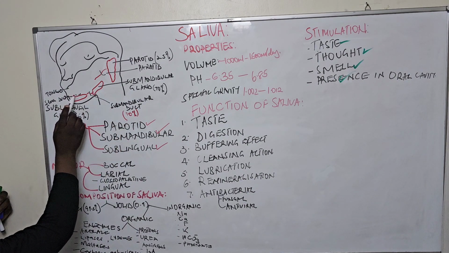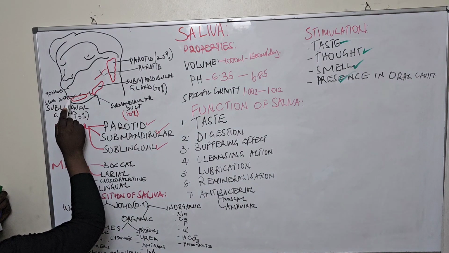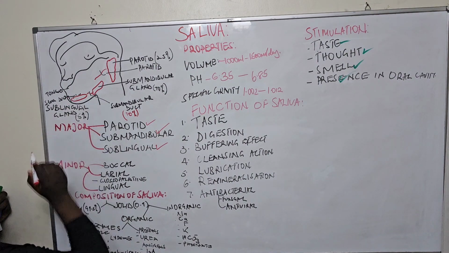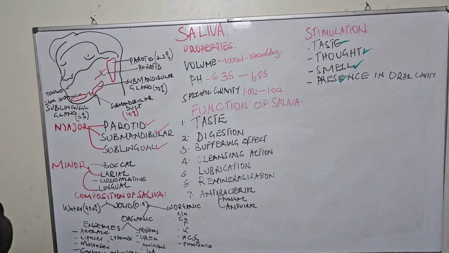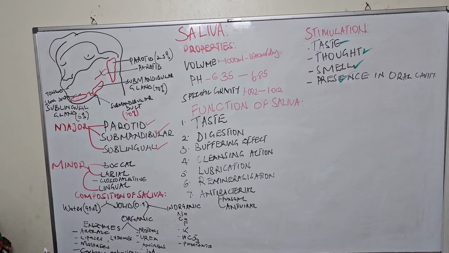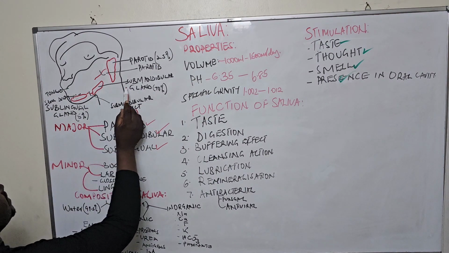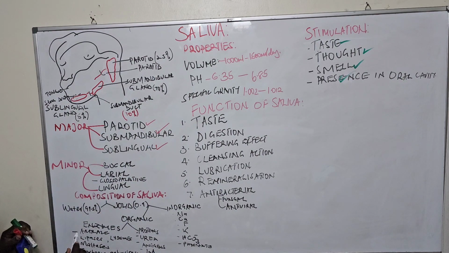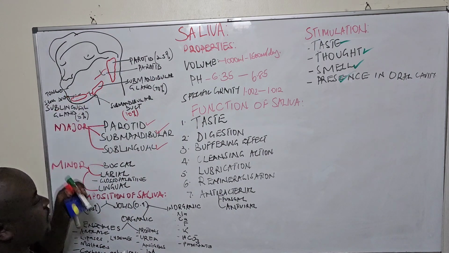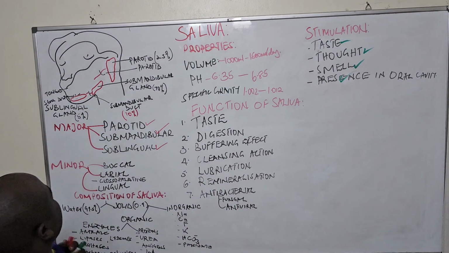Of course, in the oral cavity, we have the tongue. Just under the tongue, we have the sublingual glands with the duct pouring in the oral cavity. We have the submandibular glands with the duct. It means it secretes in what? Also in the oral cavity.